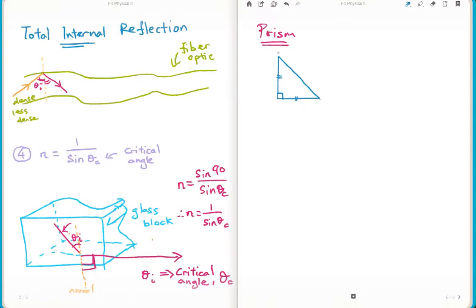So what happened is this is 45 degree and 45 degree. Now, when light travels perpendicular from this surface into here, this is the normal line. When the light is normal to the surface, what happened?